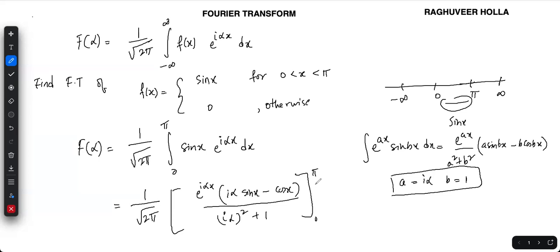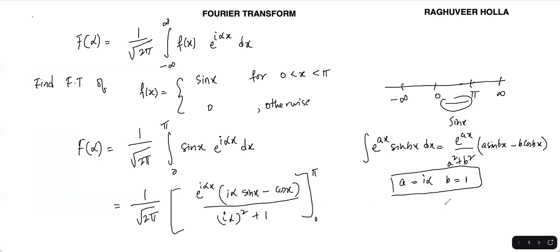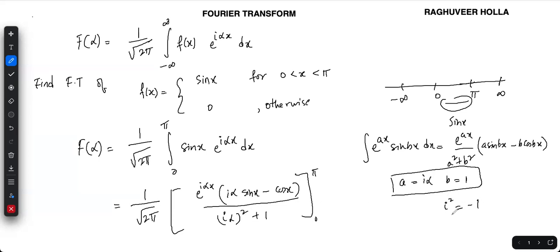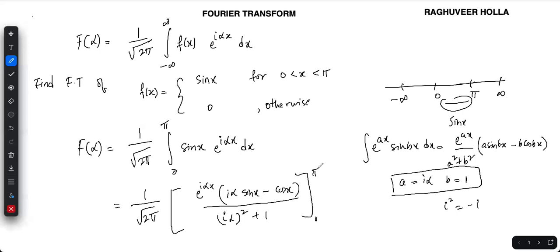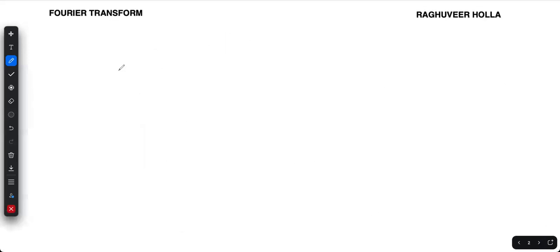Now let us substitute this. I square is minus 1, so let us substitute the limits here. F of alpha is 1 by root 2 pi, and I can take 1 by 1 minus alpha square common.